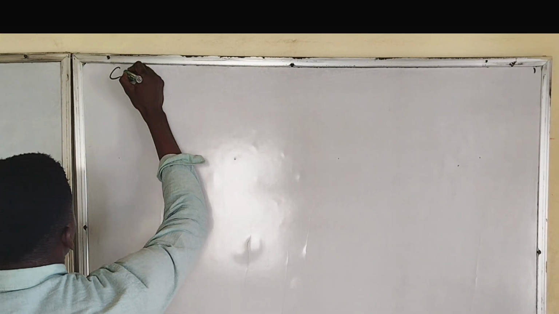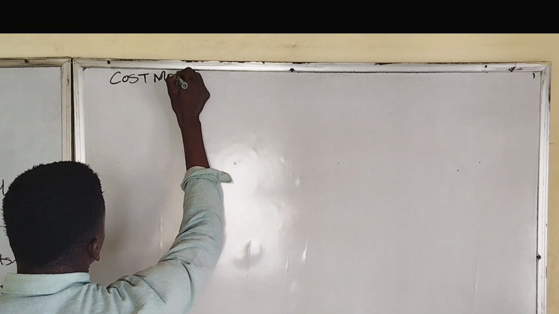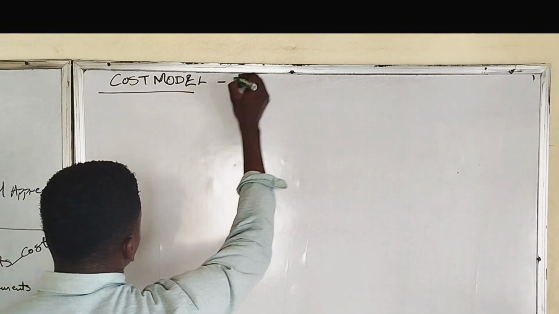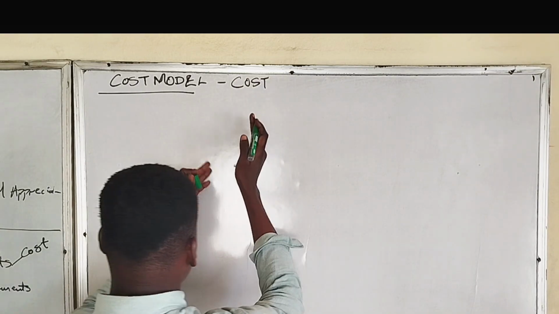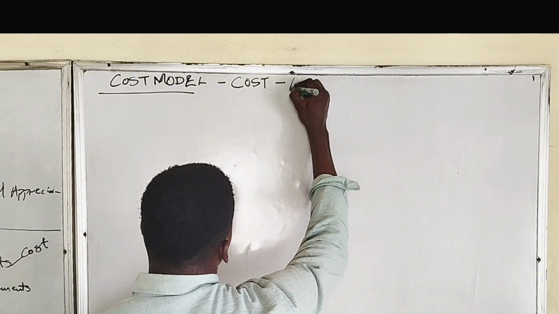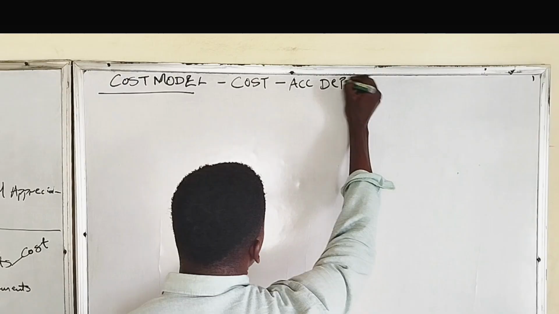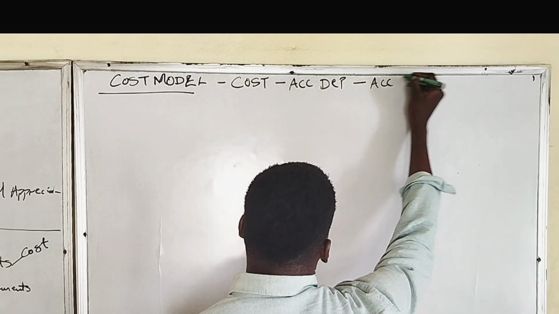So we said the cost model is the cost, which we also said has some other components which we've talked about, less accumulated depreciation and accumulated impairment losses.